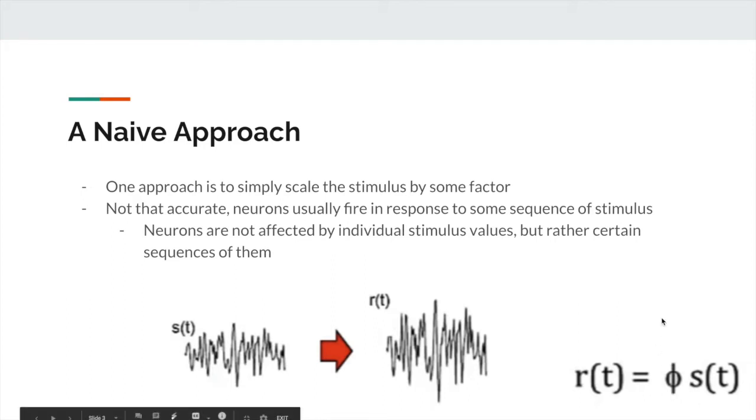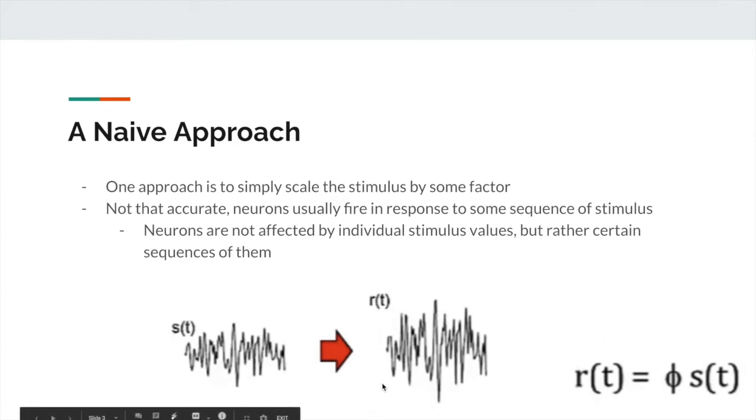The problem with this naive approach is that it's usually not that accurate because neurons don't really respond to individual measurements of a stimulus, right? They don't respond in discrete time steps. What they do is they sort of aggregate a lot of information about a stimulus over some time interval. And if the stimulus over that time interval matches some sort of shape, then they fire. It's not always just going to be a continuous mapping.